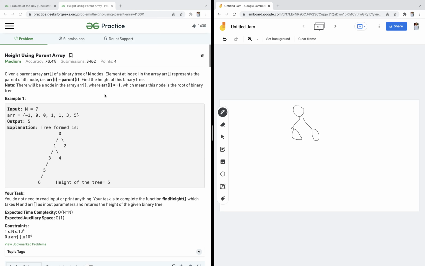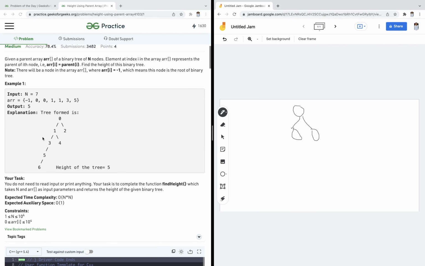Suppose let's read out the complete problem, then we can explain step by step. arr of I is equal to the parent of I. Find the height of the binary tree, and there will be a node in the array where arr of I is -1, which means this node is the root of the binary tree.